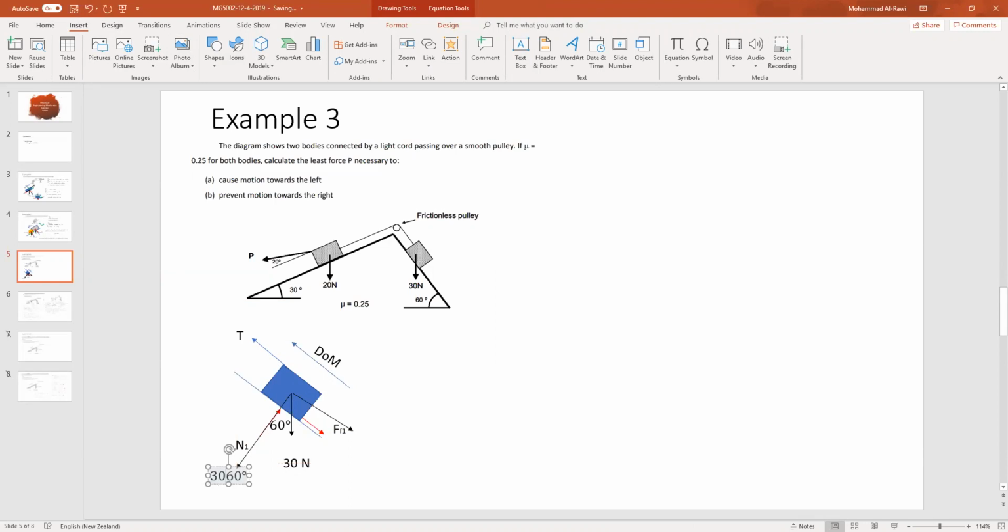So that will be 30 cosine 60 degrees, and the other one is sine 60 degrees. Now we'll just copy that: 30 newtons, sine.